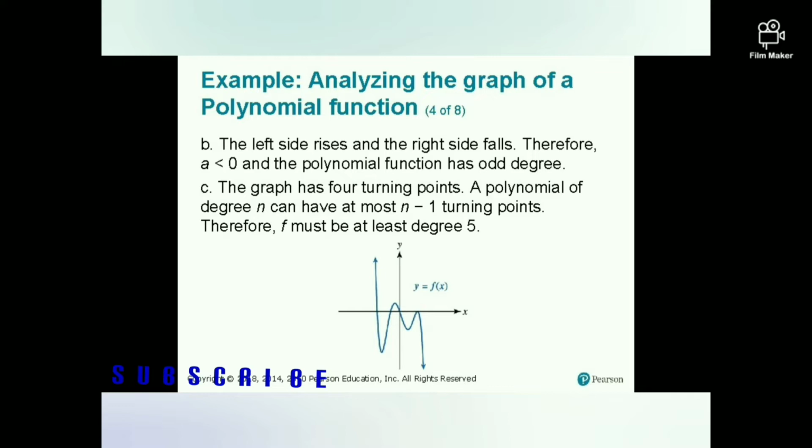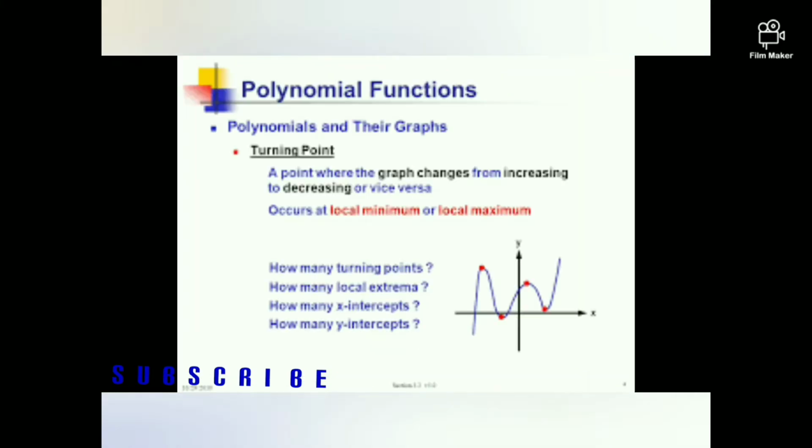Therefore, the function must be at least degree 5. Cool! As what you've learned, a turning point is a point where the graph changes from increasing to decreasing or vice versa. It occurs at a local minimum or local maximum.